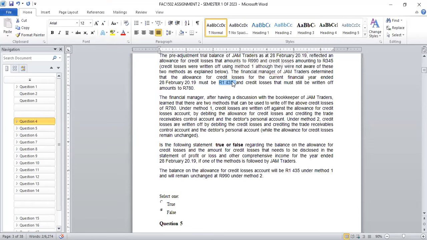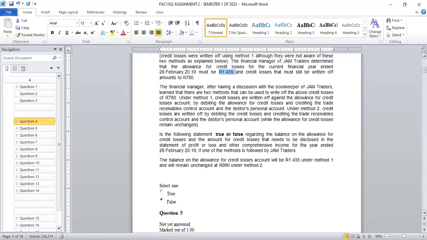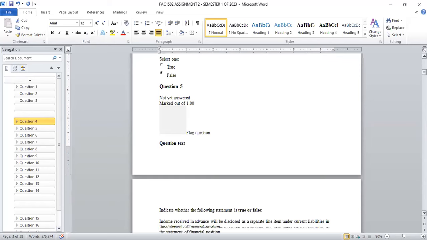The only difference is that in method 1, you write off the credit losses from the allowance, whilst in method 2, you write off the credit losses straight from the debtor's account. But the final result will be the same. The allowance will be the same, the credit losses will be the same. So that's where that statement is false.